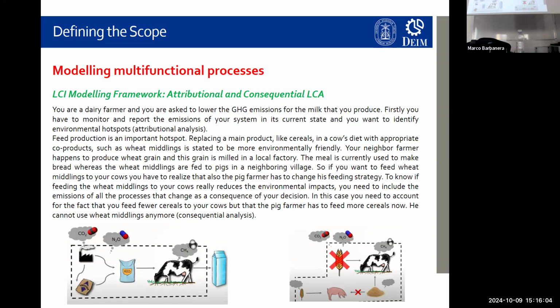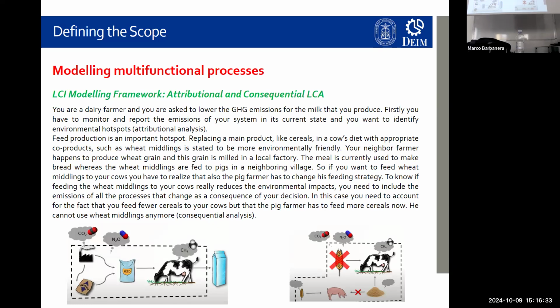We focus only on our processes, our flow diagram. We consider all processes of the life cycle of milk, but we have no interest in evaluating the consequences due to the consumption of this kind of milk, for example, okay? So we can continue to read.